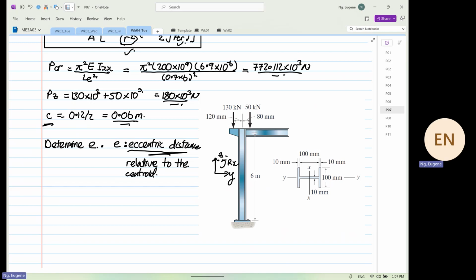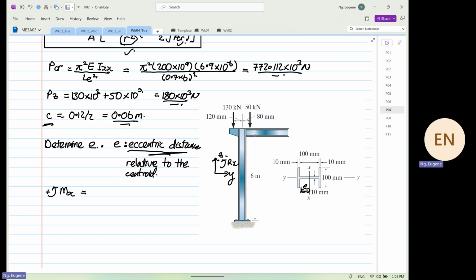So relative to this point of view, we need to find our E now. So when that's the case, we are going to take moment about X. Everything that's going anti-clockwise will be positive.